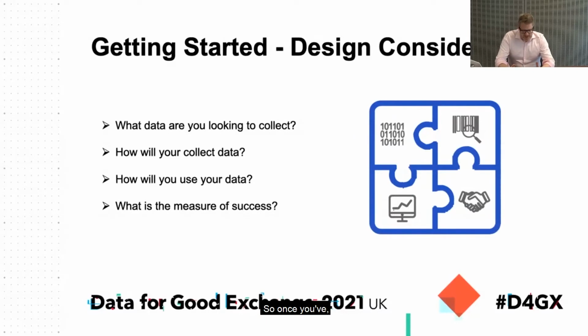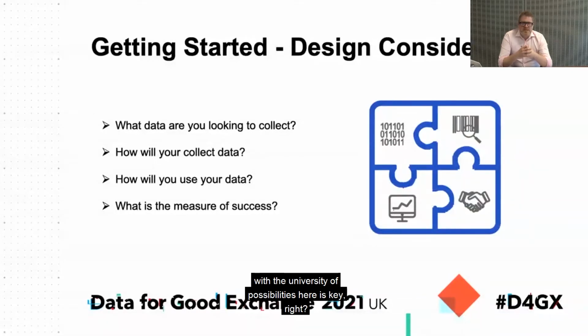So once you understand the context of your data collection and its objectives, then you can start thinking about what the design considerations for your program would look like. And the first question you've got to ask yourself there is really, what data are you looking to collect? There are many different things to collect, and not getting carried away with the universe of possibilities here is key.